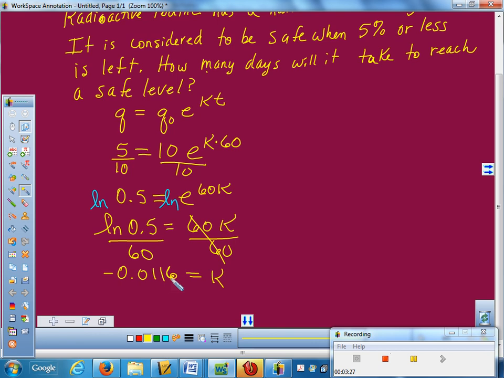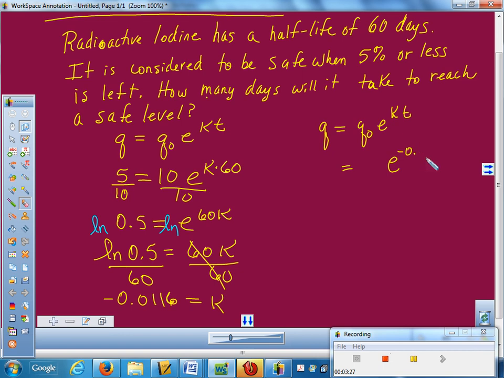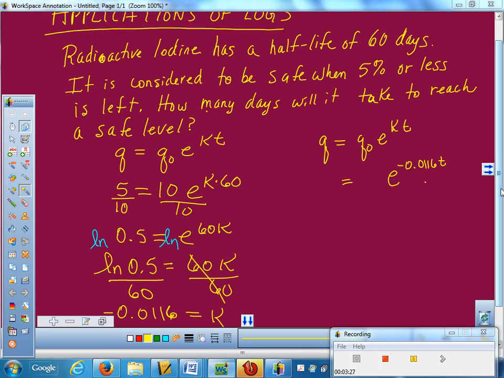Then you go back and try to answer the actual question. Same formula, but now you know what K is. What is it we're trying to find this time? I want how many days will it take? So I need time. K is going to sit up here as negative 0.0116, and time is what we're solving for. Now, you want to solve for 5% or less, so I need to get it down to 5%.